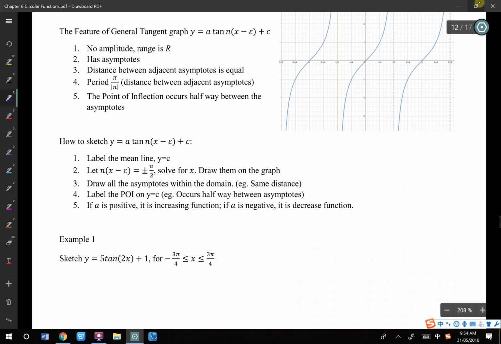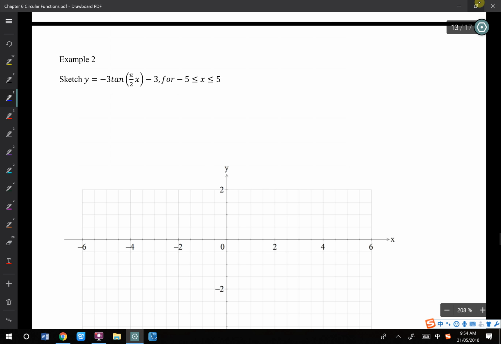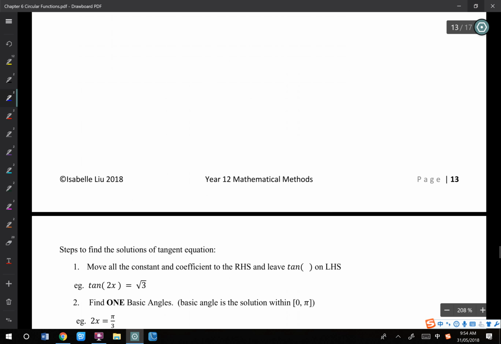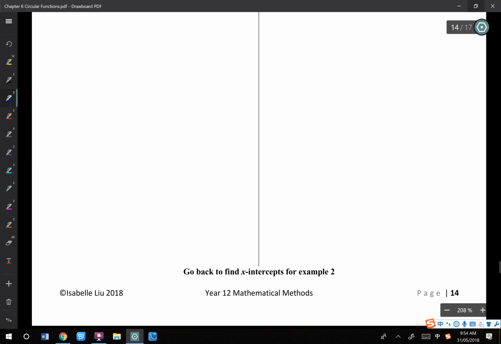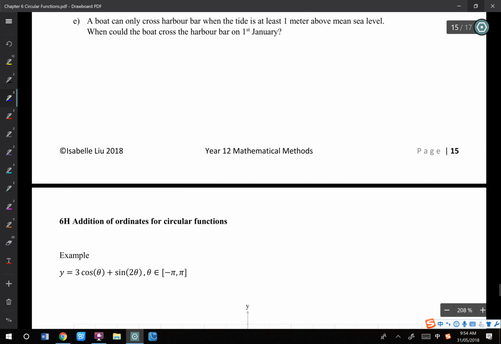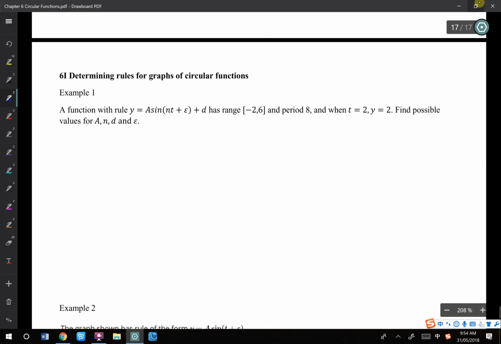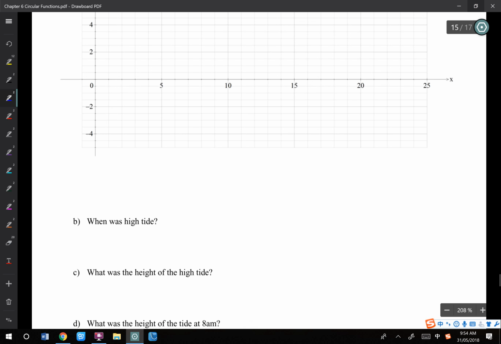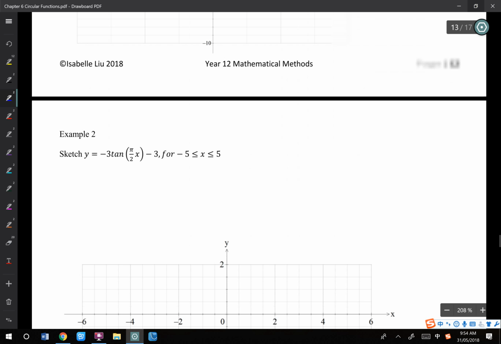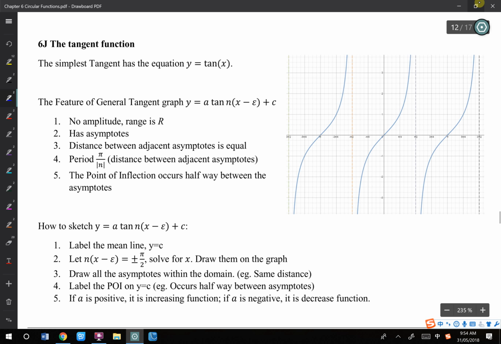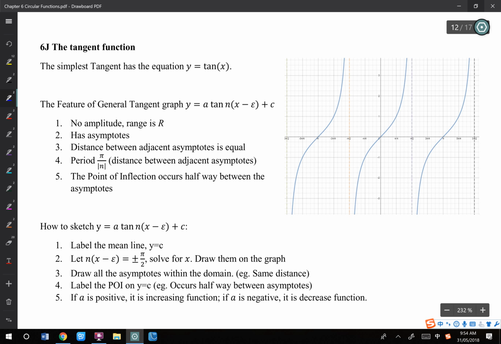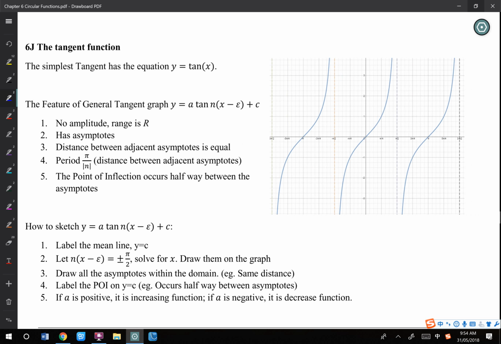Okay, next one is about tangent functions. Okay, tangent function. So this is y equals tangent x. Well, you know that there are asymptotes because some values are undefined.